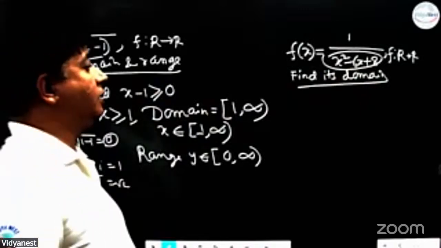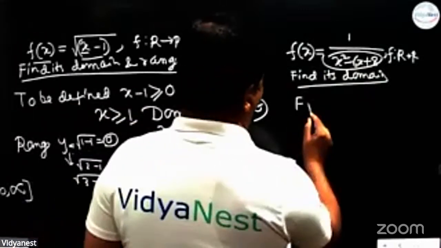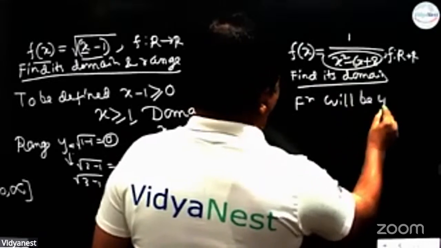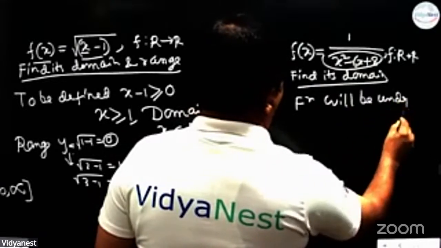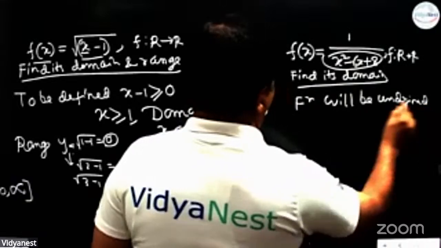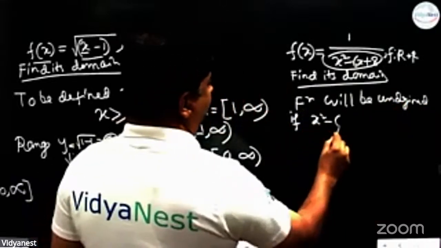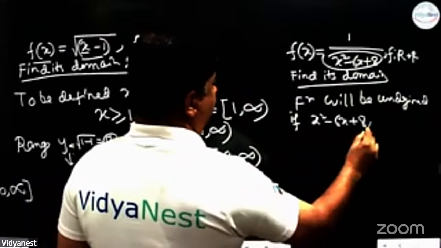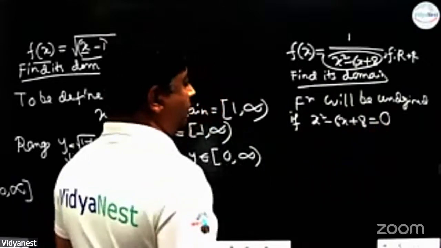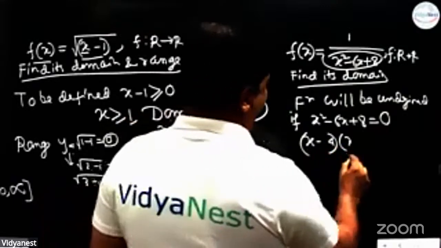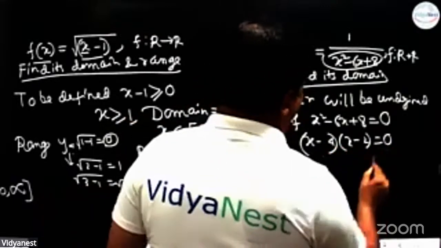Function will be undefined if x square minus 6x plus 8 is equal to 0. That means (x minus 4) into (x minus 2) is equal to 0.